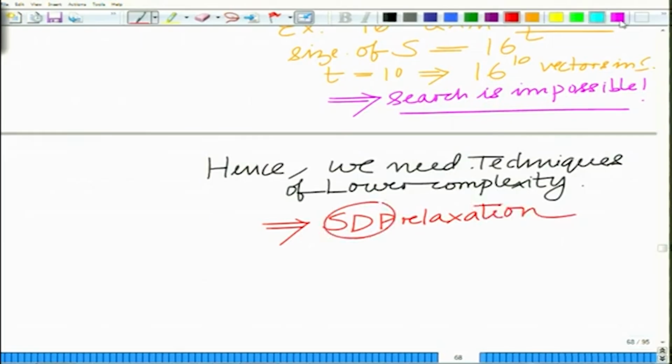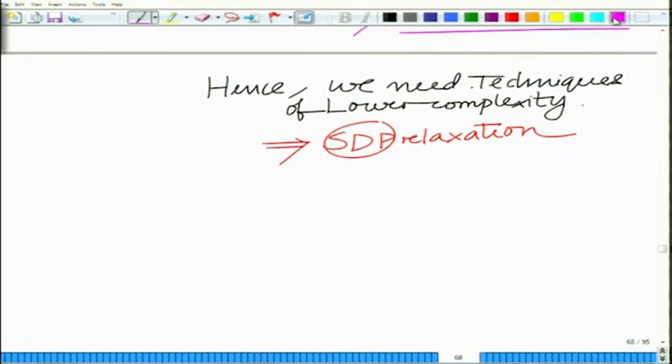We have seen what SDP is already: semi definite program. So, one such technique is SDP relaxation. We relax this ML decoder problem as a semi definite program.